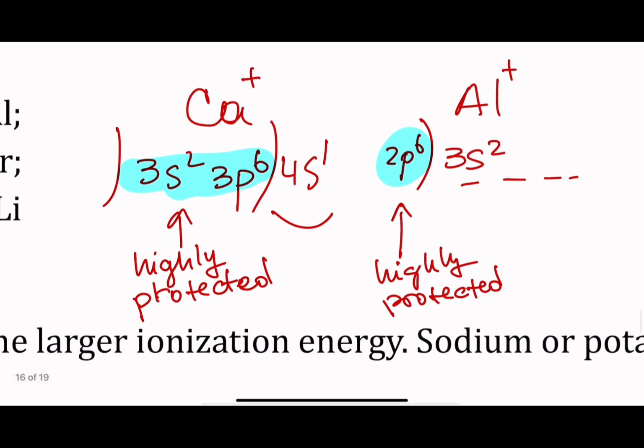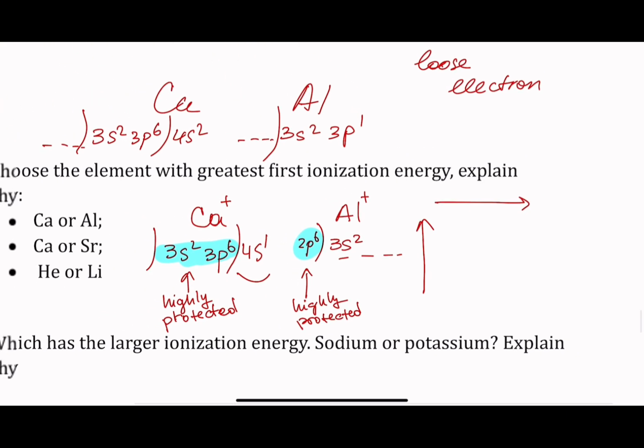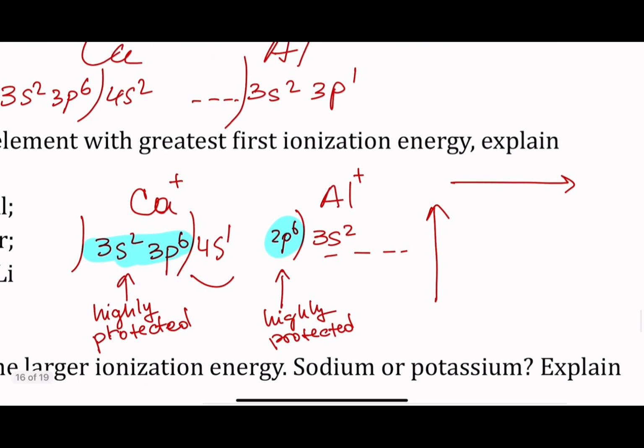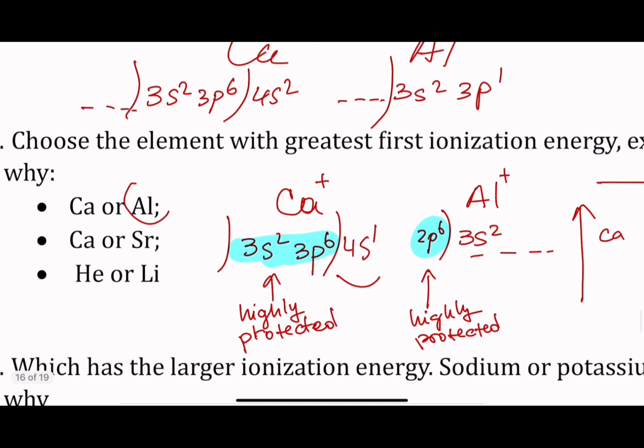Now, when we look at the trends, we know that the ionization energy increases in this fashion, right? So aluminum will have higher ionization energy. Right away we can see it because calcium is located here, aluminum is located there. So aluminum is this one.